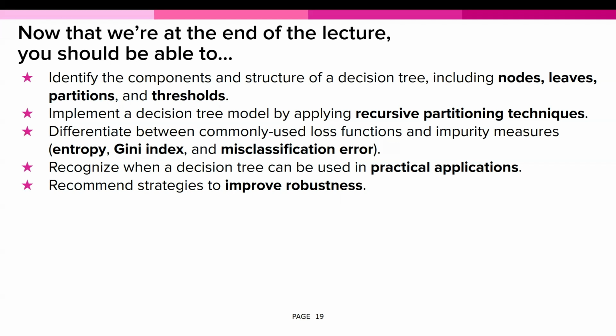Okay, so that brings us to the end of this lecture. In lecture 11, we're going to be moving on to ensemble techniques, specifically bagging and boosting, which is going to allow us to turn a weak classifier into a strong classifier by putting lots of these weak models together.